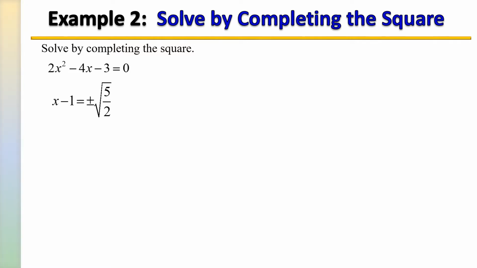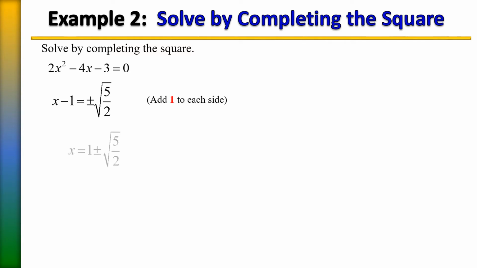Now the next step to solving for x in this equation is to add 1 to each side. And x equals 1 plus or minus square root of 5 over 2. Now we would be done with this problem if the radical was simplified. Recall that if a radical contains a fraction, then the radical is not simplified.